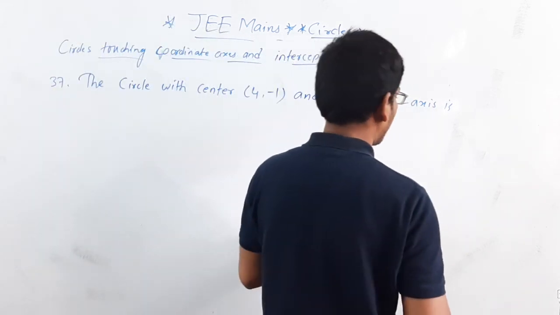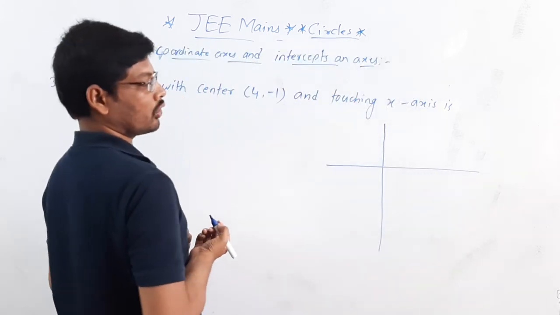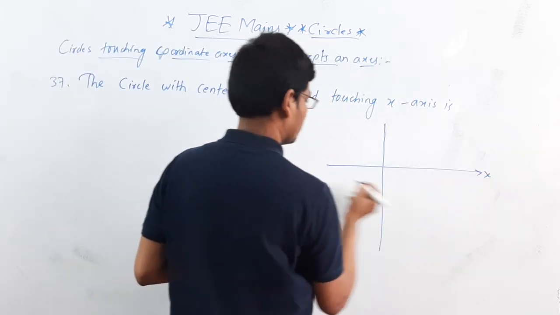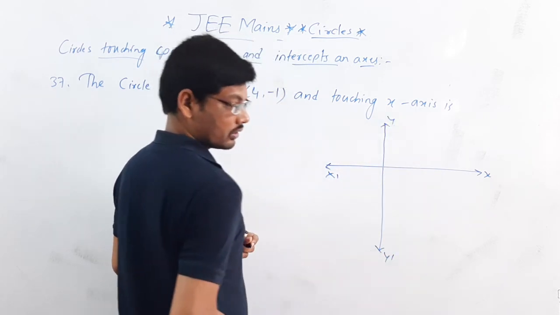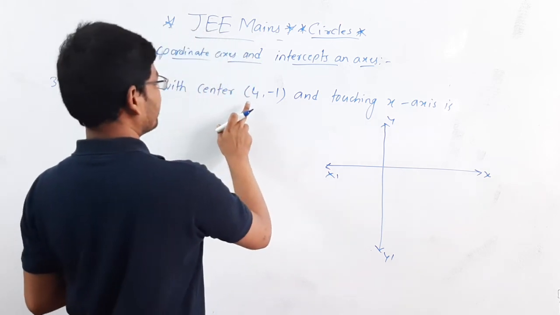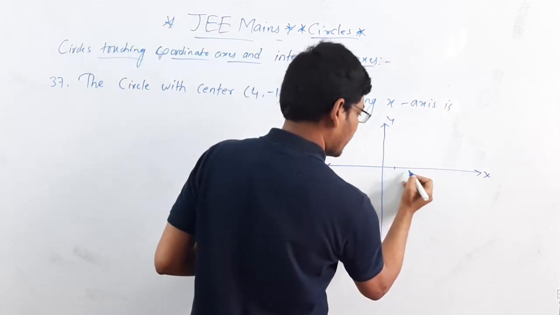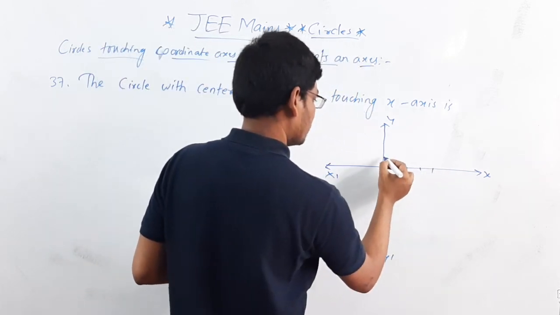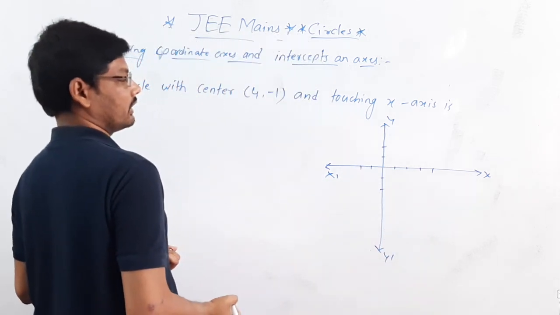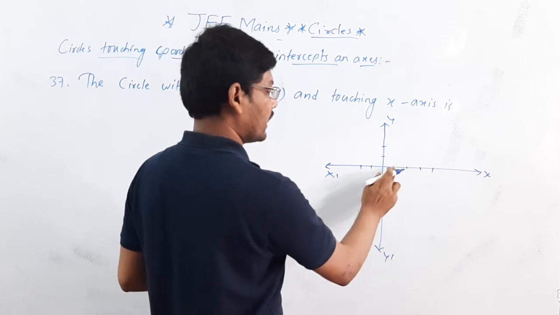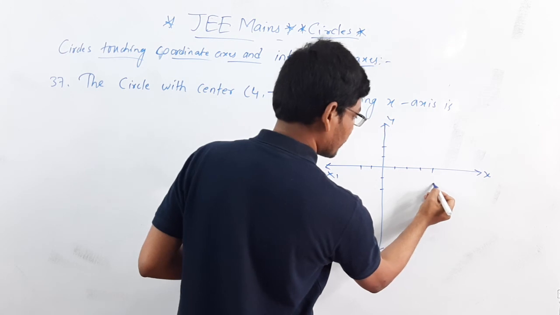I am taking the coordinate axis here. Listen carefully, this is a simple question, and this is the coordinate axis, x dash and y dash. We need to plot the center first: 4, minus 1. Taking 1, 2, 3, 4 points on the x coordinate, and minus 1 here, this is the center.